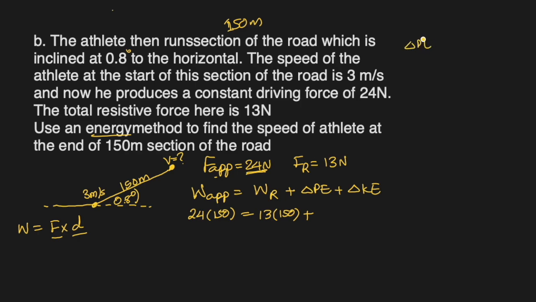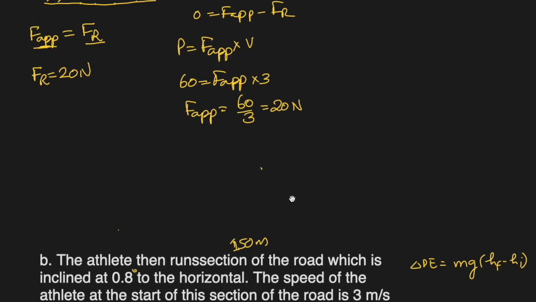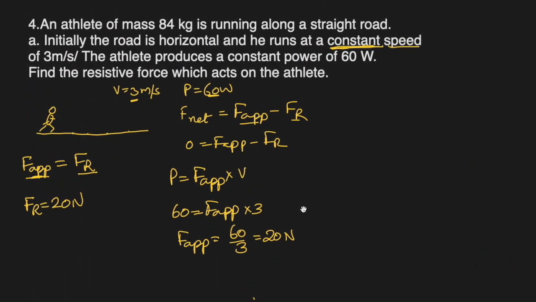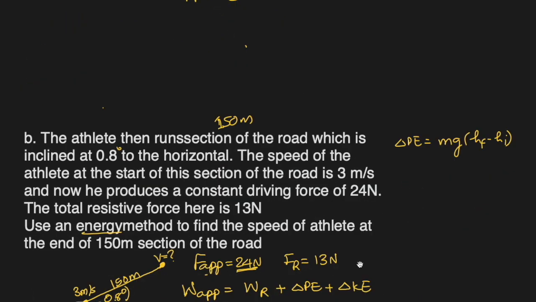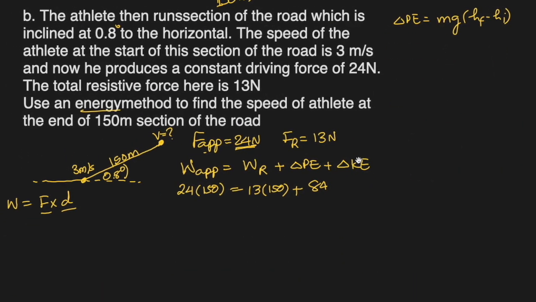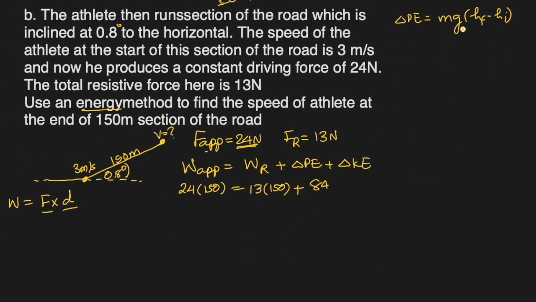Delta PE, we have already discussed it earlier. Delta PE is mg times final height minus initial height. So m is 84 kg for the athlete. Yes, 84 kg was the mass of the athlete. g is 10. Final height is this height, right?